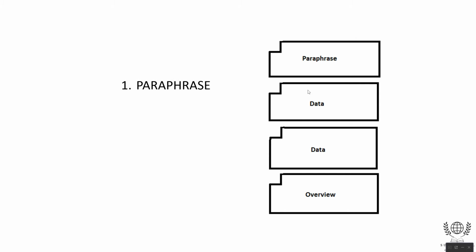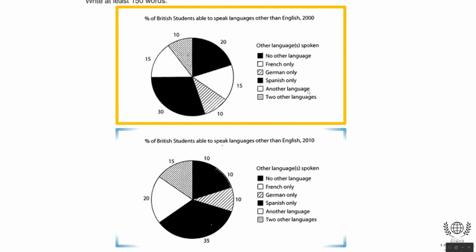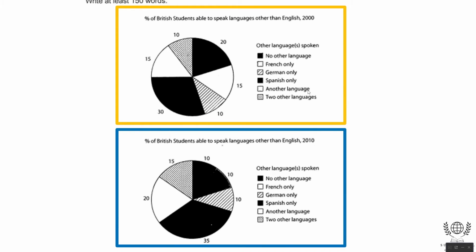It's already done. Step number 2, if you remember, we are going to at least mentally divide the information. When we're looking at this chart, we can see there are 2 graphs, one in the year 2000 and one in the year 2010. At this point, it makes no sense to organize this information in any other way.